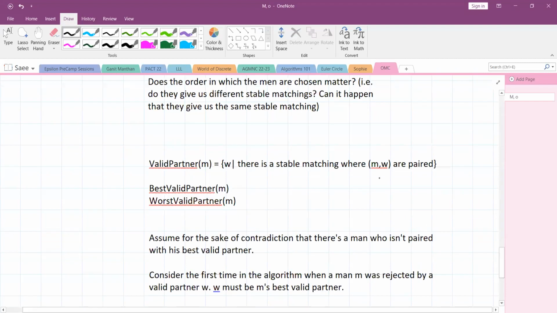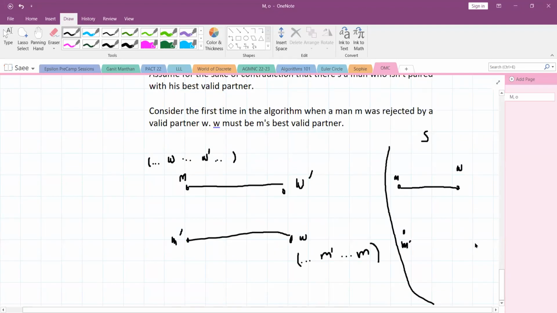A valid partner of M is someone such that there should be a stable matching in which these people are paired. So there is a stable matching, let's call it S, in which M and W are paired. So who is M prime paired with? Let's say M prime is paired with somebody, W double prime.